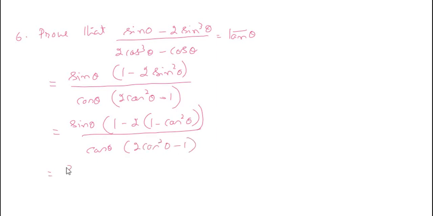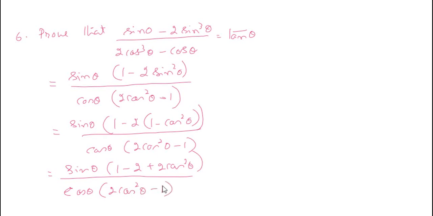This is equal to sin theta into (1 minus 2 plus 2 cos square theta) divided by cos theta into (2 cos square theta minus 1).